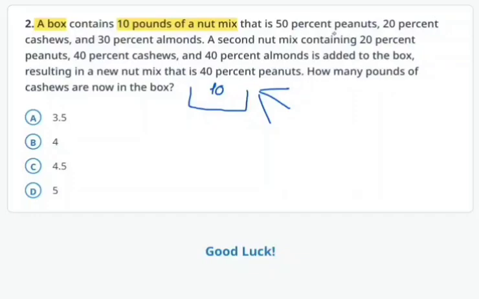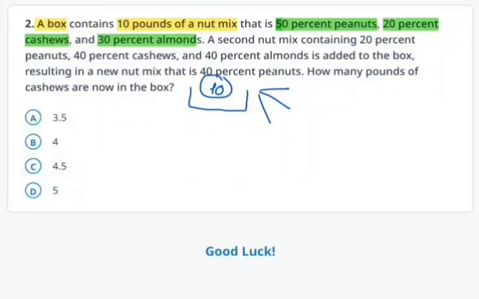The first one is peanuts, 50%. So 50% peanuts, 20% cashews, and 30% almonds. The number 10 here makes the question easy to solve.